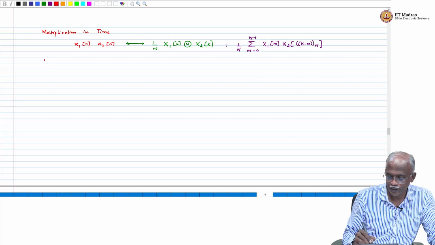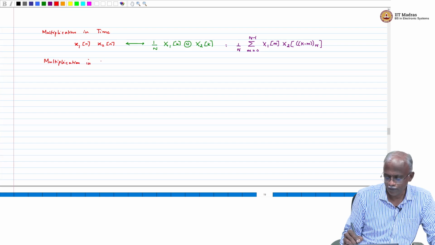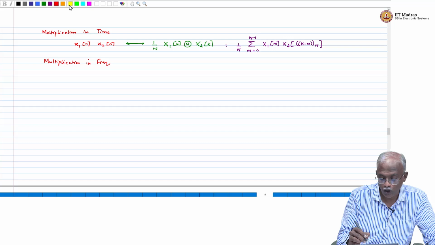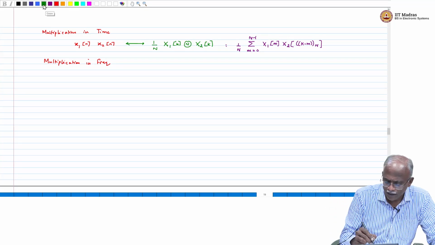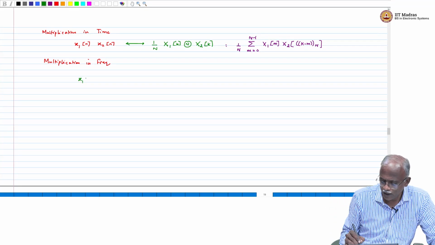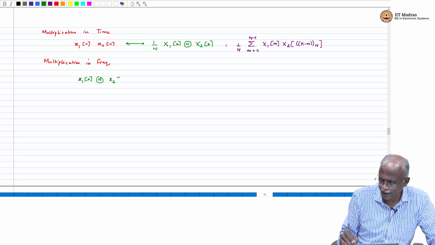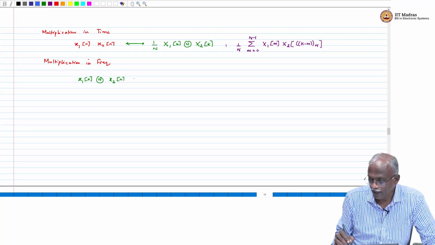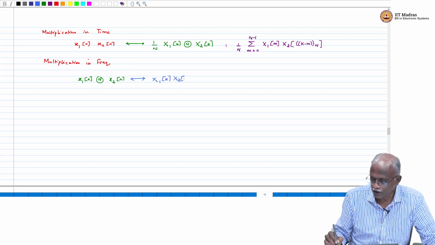Okay, so multiplication in frequency. This is the other property that we have in the context of the DFT. What we say is that x1 of n, N-point circular convolution with x2 of n, will have a DFT given by X1 of k multiplied by X2 of k.